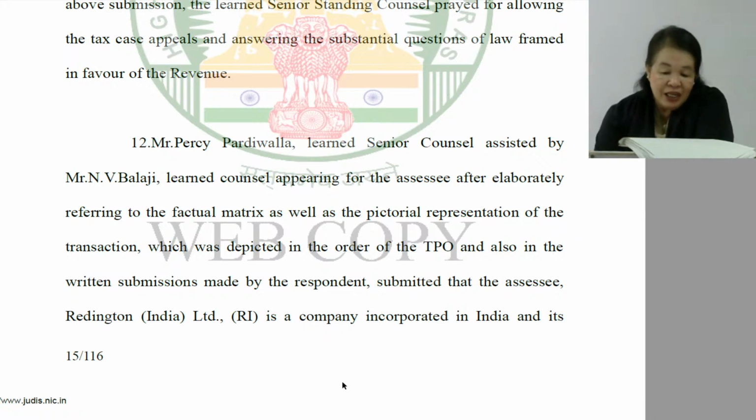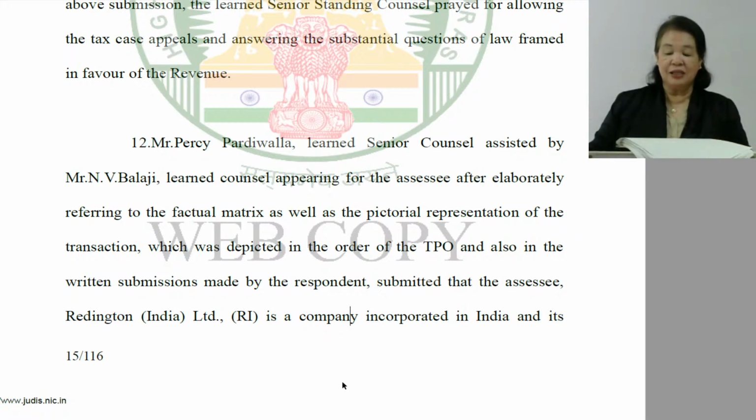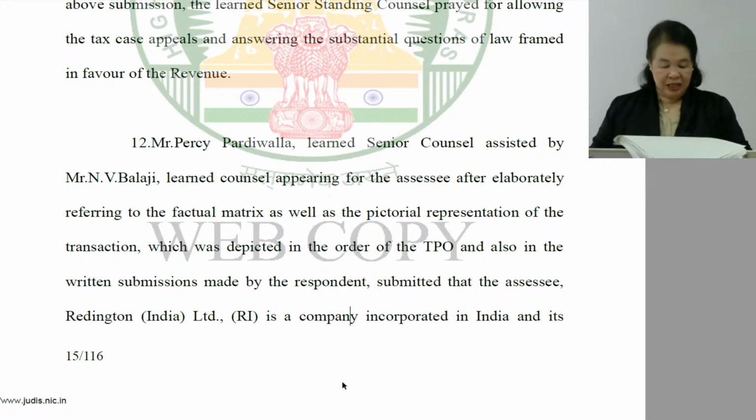So, ibig sabihin, itong Redington India Limited is listed, no? Ang kanyang shares of stocks listed. Bakit? Kasi nasa Bombay Stock Exchange and the National Stock Exchange. No? So, listed ang shares of stocks niya.